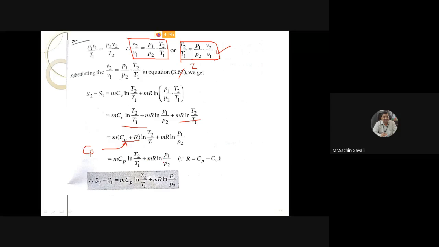Or if you want to write it in terms of final pressure divided by initial pressure, then this will become mCp into ln of T2 upon T1, minus mR ln of P2 upon P1.